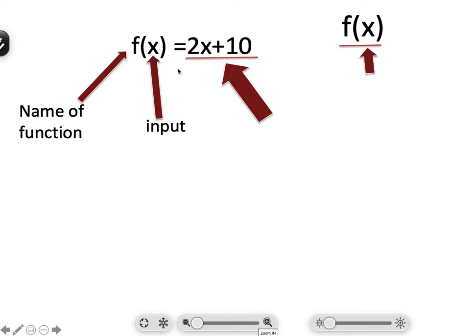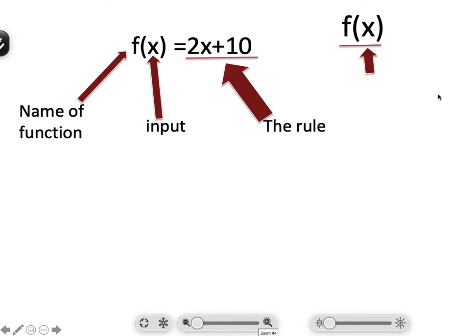This is sort of my own made-up thing, but this piece, which is equal to 2x plus 10, is where you do the math. So this is the rule. This says take your input, whatever x is, and do what the rule says here: 2 times whatever x is, plus 10.